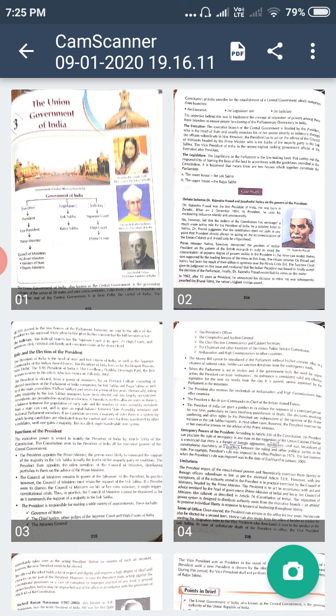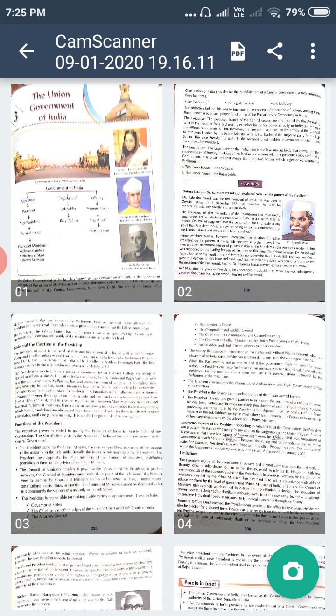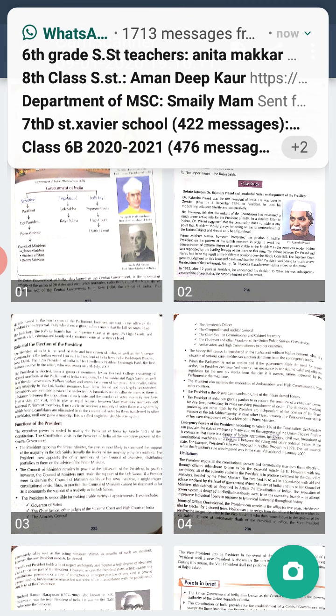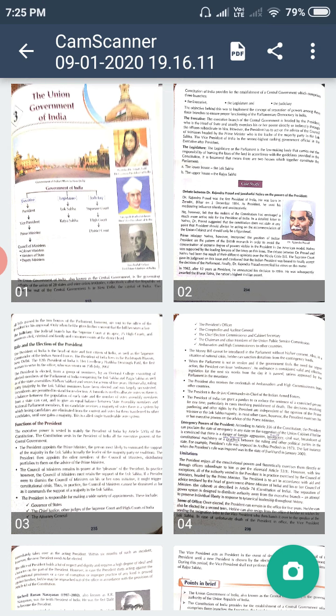Now, who are the members of electoral college? The members of the parliament. Which are the members of parliament? Members of Lok Sabha and Rajya Sabha, as well as the members of the state assemblies. They are the members of electoral college, and this electoral college elects the president.